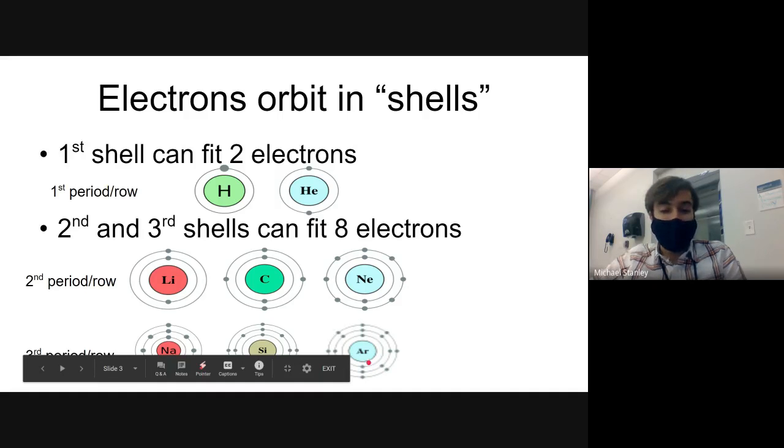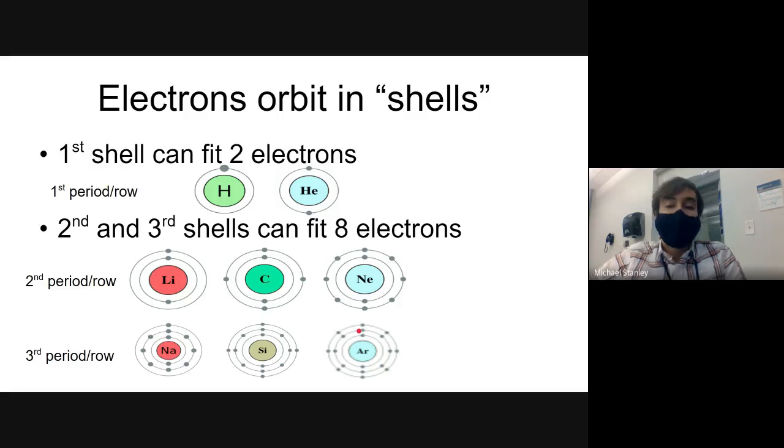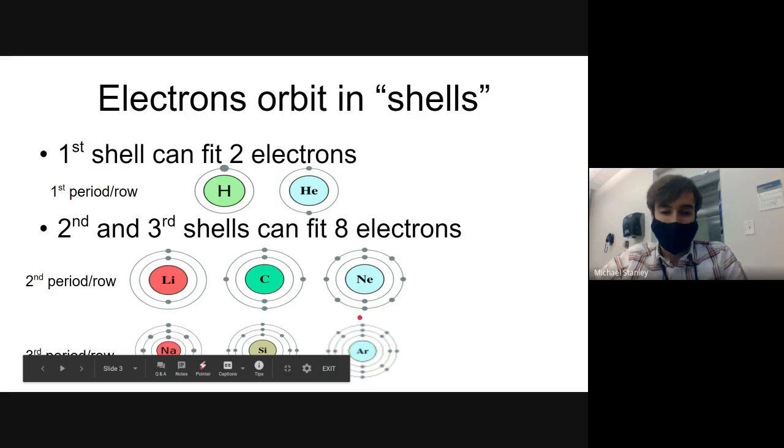So in argon, again, just like all the other ones, we start with the first ring and then start filling out. We put 2 electrons on the first ring. Obviously, we've still got a lot left over. We put 8 electrons on the second ring. Now the second ring is full, but we've only put down 10 of our 18 total electrons.